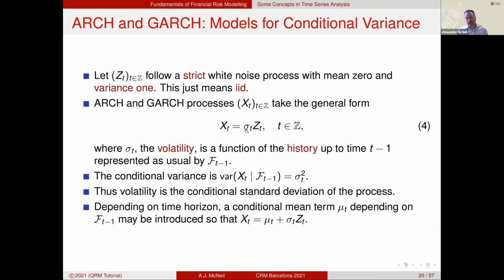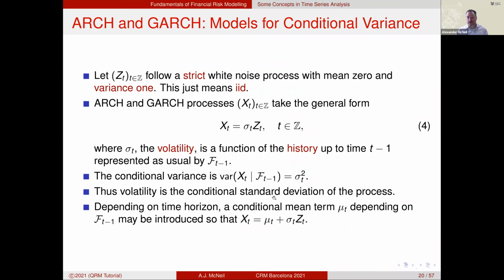We multiply it by a volatility, sigma t, and this sigma t in the ARCH and GARCH is a function of the history up to time t minus 1, which is what we previously called F_{t-1}. And moreover, the squared value, sigma t squared, the squared volatility, is simply the conditional variance of the risk factor change.